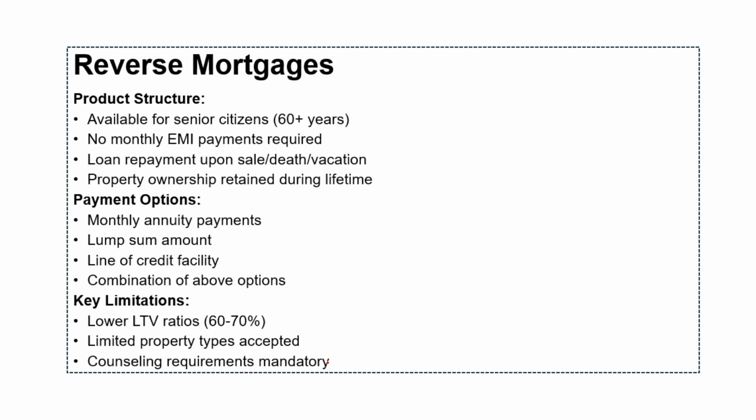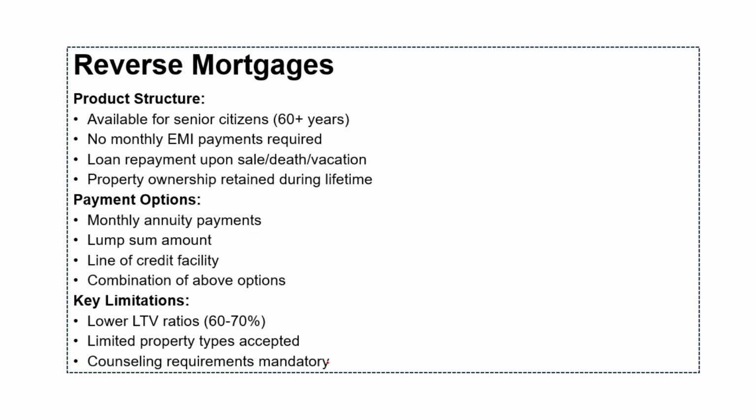The 60+ age requirement reflects life expectancy considerations and regulatory consumer protection measures. The absence of monthly EMI payments eliminates affordability constraints that would prevent seniors from participating, while protecting lenders' interest through property collateral.